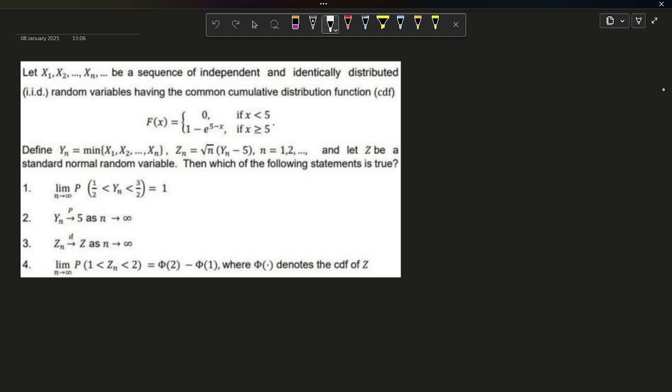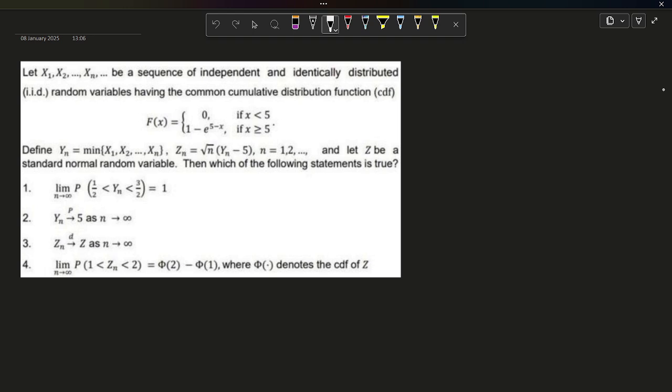Let Z be the standard normal random variable. Which of the following statements is true? Option 1: limit n tends to infinity of P(1/2 less than Yn less than 3/2) equals 1. Option 2: Yn converges in probability to 5 as n tends to infinity.